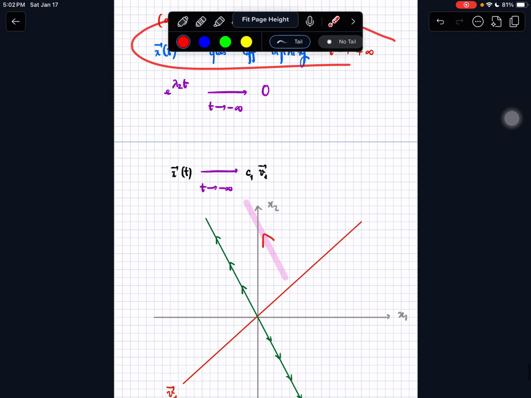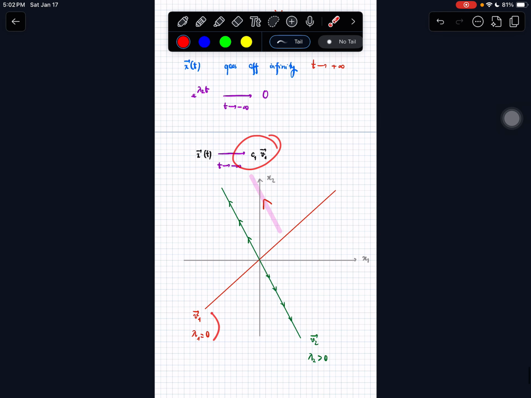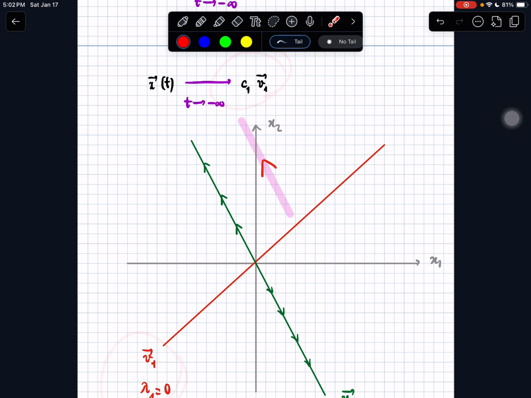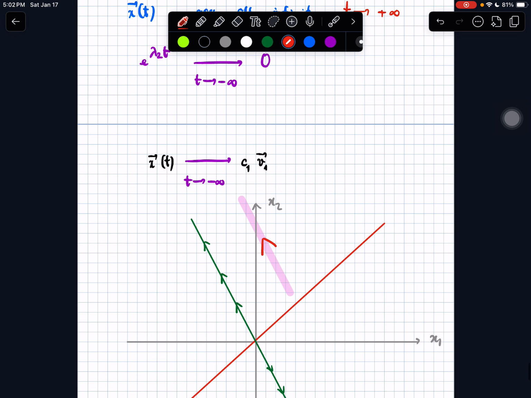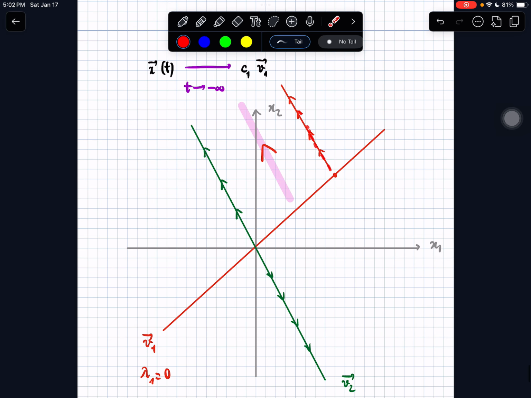That's why it looks like that. When t is minus infinity, it approaches a point on this line, the line corresponding to v1. So it approaches this line. So that's why you see that it just goes like this. When it's negative infinity, it's just a point leaving here and then starts going up to infinity. The other side is similar.